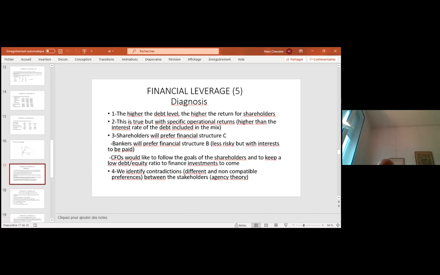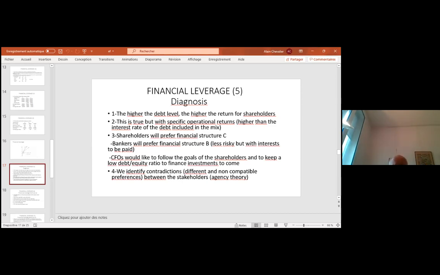What about the interest? And it seems that here, for example, if you balance both, financial structure B, 50% debt, 50% equity, will be better than A, no interest, or C, too risky.